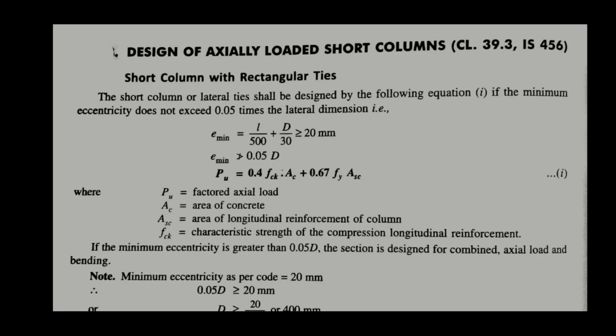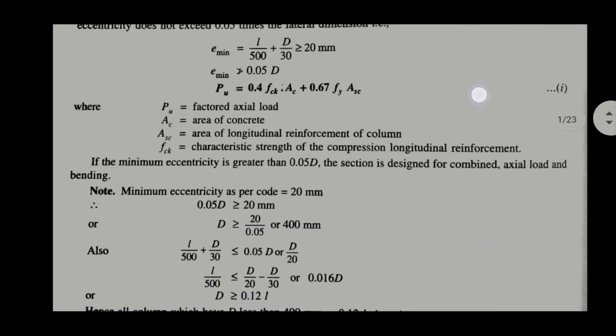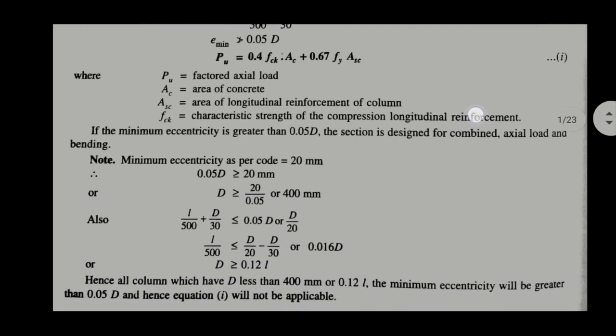If the minimum eccentricity is greater than 0.05 D, the section is designed for combined axial load and bending. Okay. Note that minimum eccentricity as per code is equal to 20 mm. Therefore, 0.05 D is greater or equal to 20 mm.